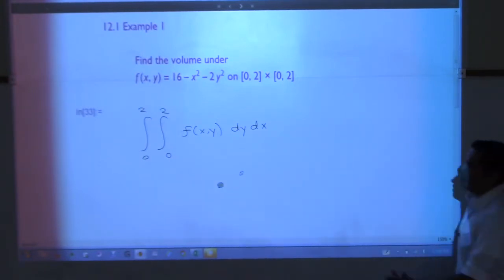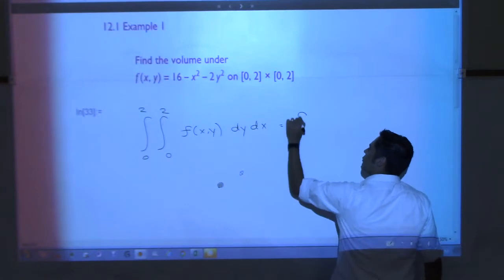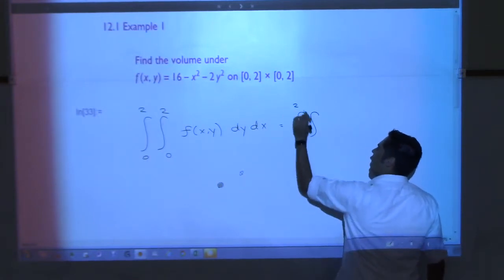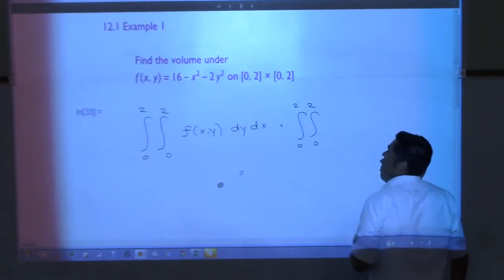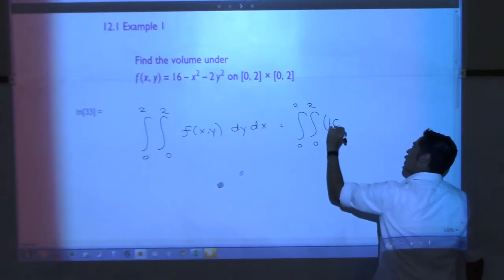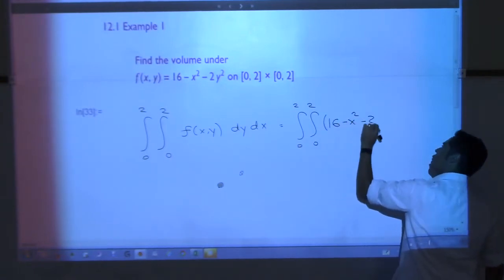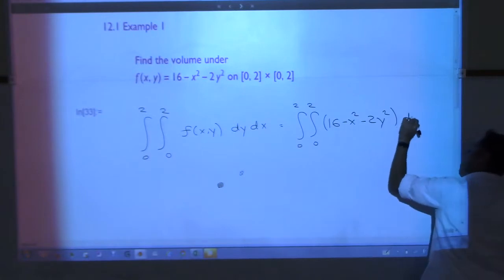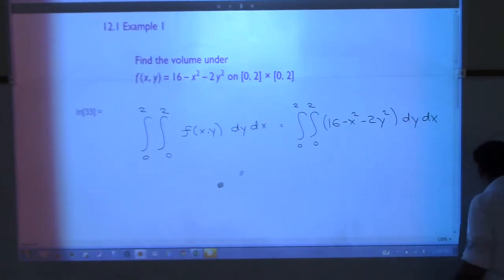All right, that's what we're doing. Let's replace our function of x and y with the actual function, which is 16 minus x squared minus 2y squared dy dx.